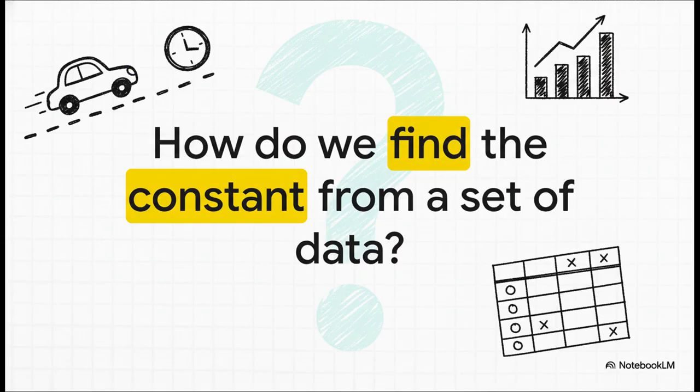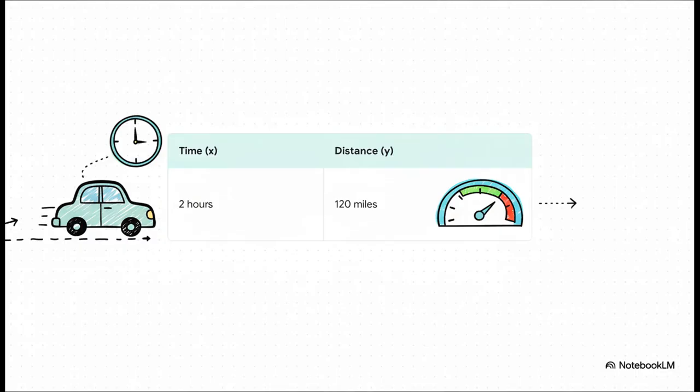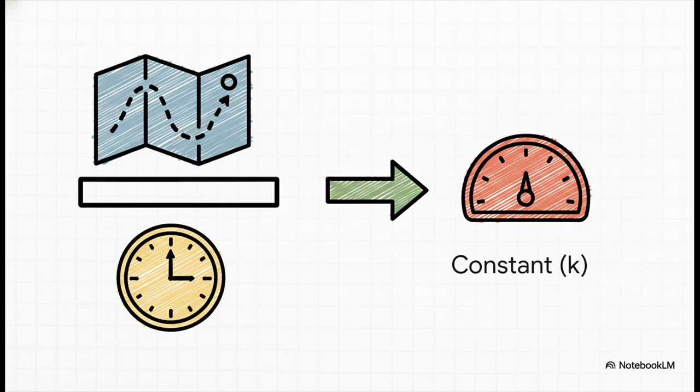So, that brings up a really good question, right? It's one thing if someone just tells you the constant speed, but what if you're just looking at some data, like how far something went and how long it took? How do you figure out the constant rate for yourself? Let's use a super simple example. Imagine a car drove 120 miles and it took exactly 2 hours to do it. Okay, so we've got our distance and we've got our time. Now we just need to find that constant rate. Finding that constant, R or K, is actually really straightforward.